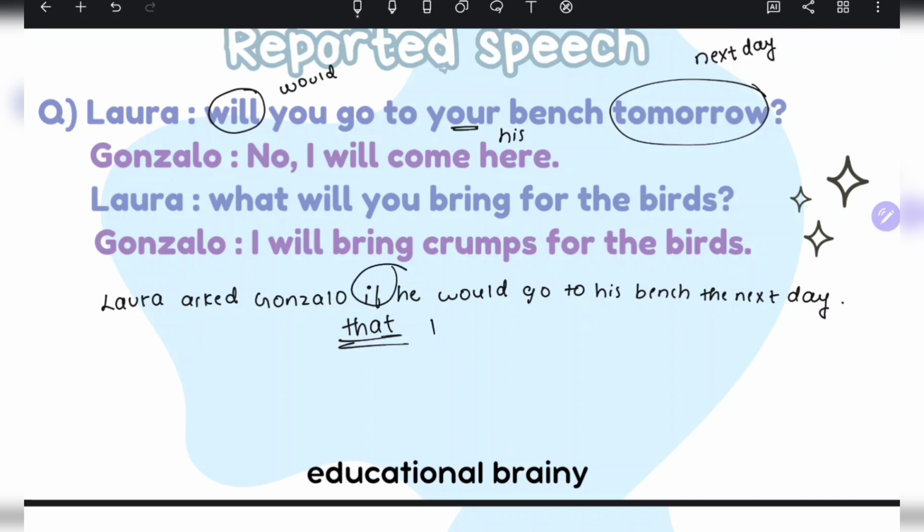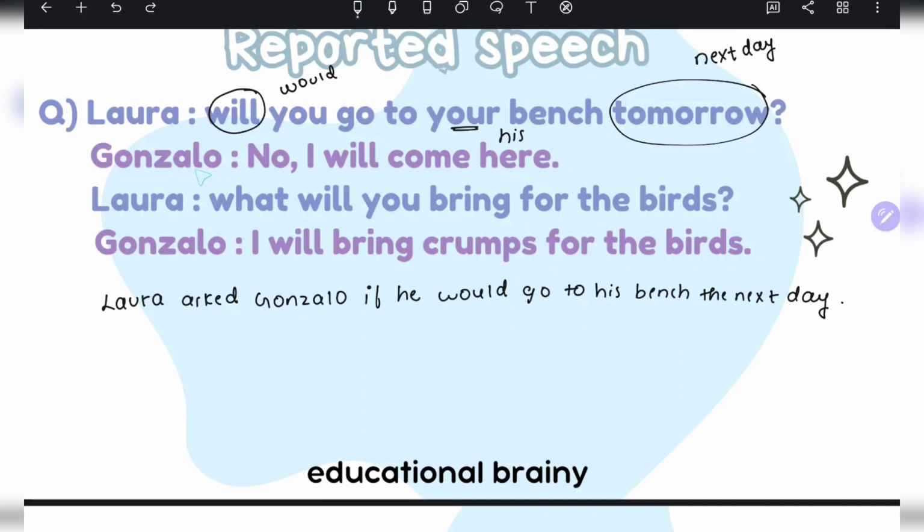Just write "if". So Laura asked Gonzalo if he would go. He would: this is in the past tense. You're not telling it directly, it's already been spoken by someone. You're telling this to someone else, to a third person, so you have to tell it in the past tense. If he would go to his bench the next day.